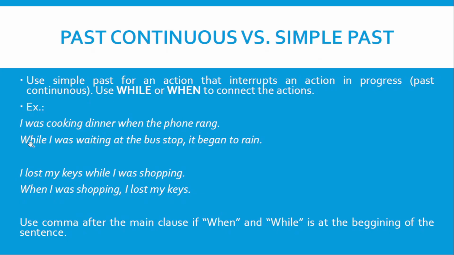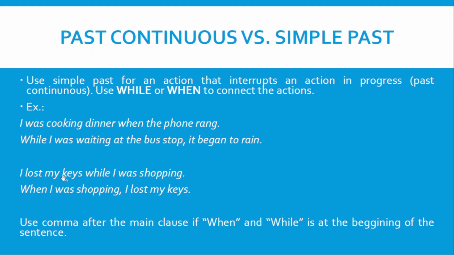The next example, now the word when or while begins the sentence. We can say, while I was waiting at the bus stop, it began to rain, right? If when or while is at the beginning of a sentence and you have to write it, we have to write the comma here to separate the clauses.